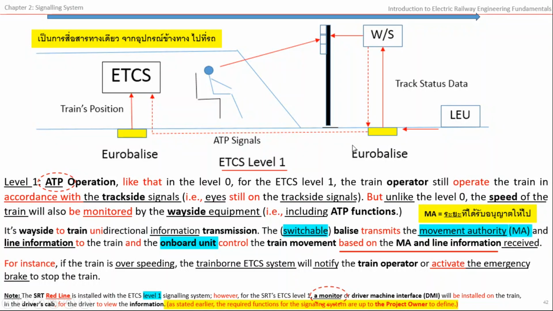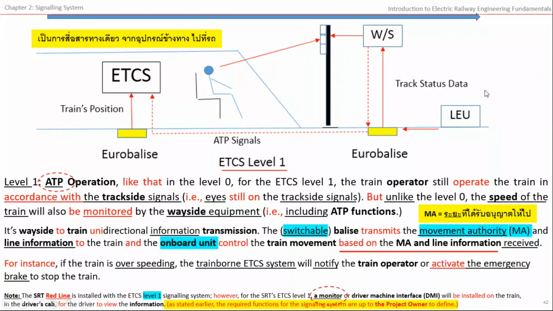The switchable balises will continuously transmit the MA information to the train, and the onboard unit on the train will control the train movement based on the movement authority and the line information received.